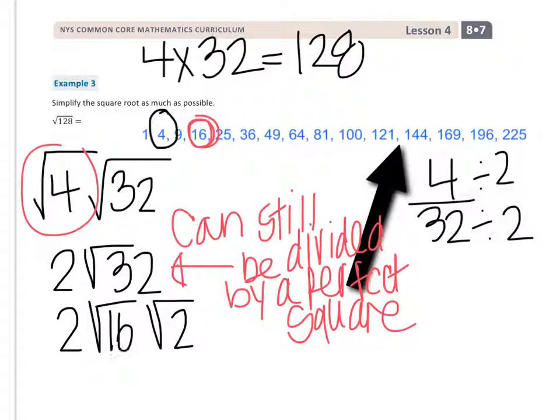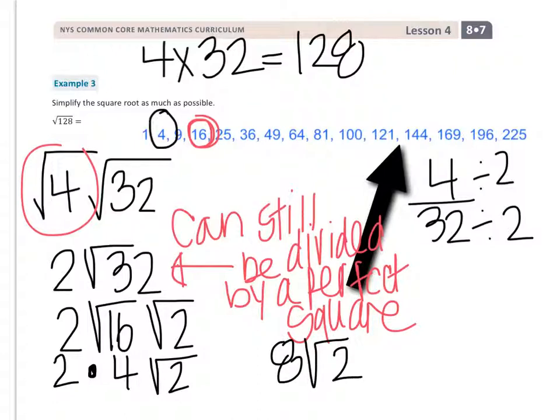The square root of 16 gives me the whole number 4. And I'm going to bring down my square root of 2. I'm going to bring down this whole number 2 in front. Notice here, this doesn't mean 24. It means 2 times 4. So 2 times 4 gives me 8. And I'm going to bring my square root of 2 along with it.